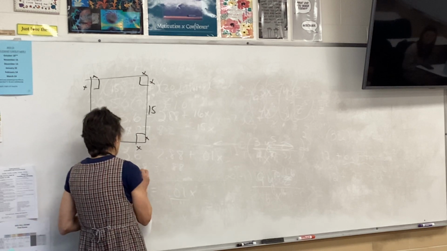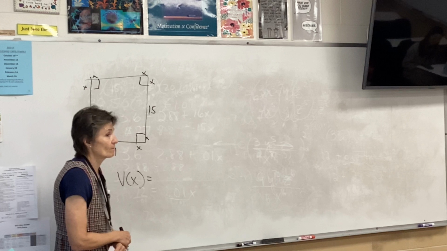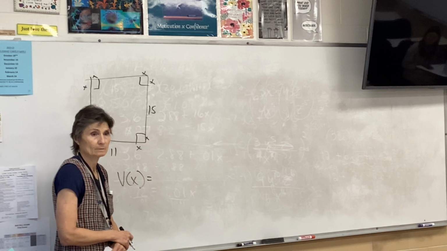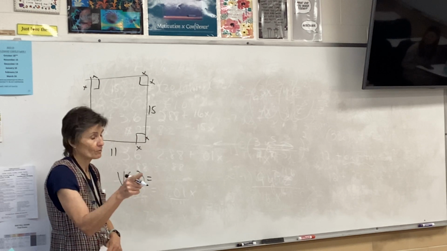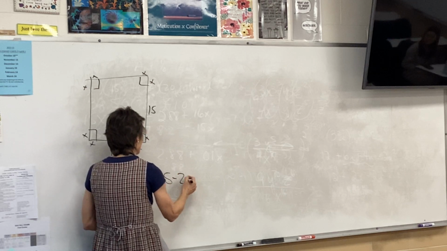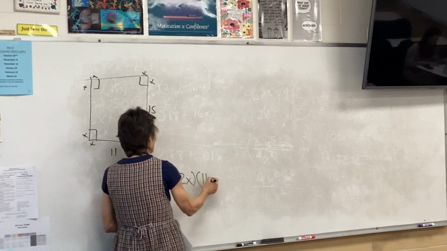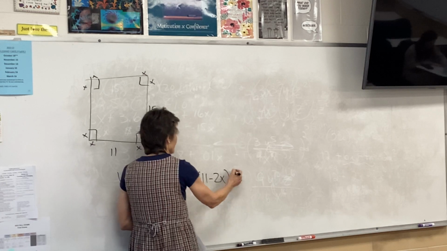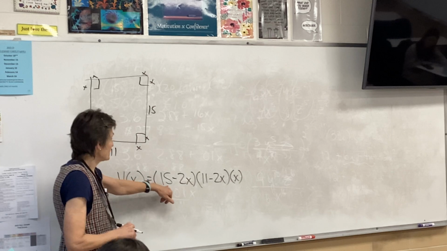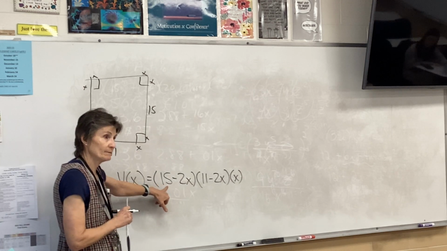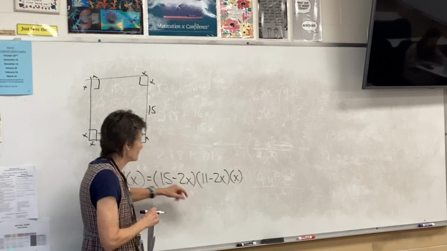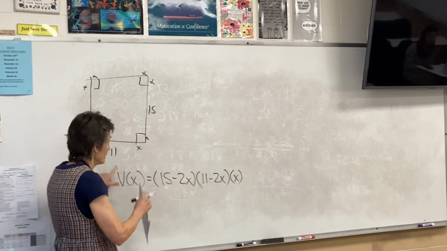Who remembers, how do we write the equation for the volume of that box? Ed, you better know this because we just did one. 15 minus 2x. 11 minus 2x. And x. Dimension, remember the paper was 15 by 11. So it's dimension minus 2x. There's two sides to the box.